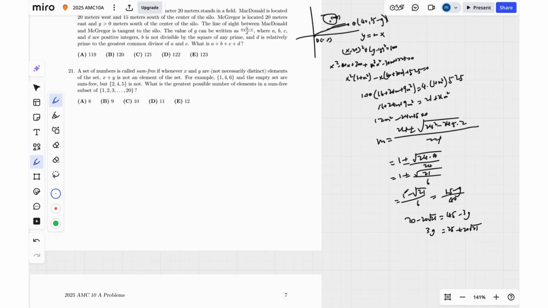Oh, right, that should be a 6. So that's a 6. So 240. So this is 20 root 21 minus 195.